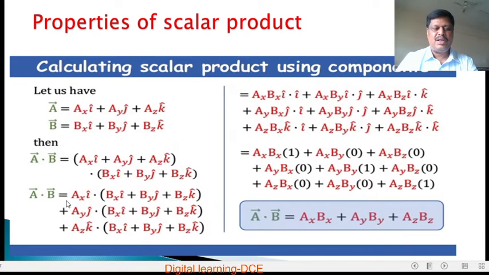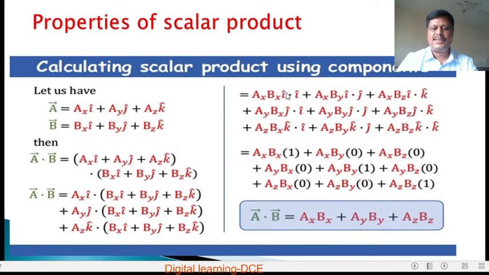If you multiply, we will get here Ax into Bx into i dot i. i dot i is 1. Similarly, i dot j is equal to 0. The angle between i and j is 90 degrees, cos 90 is 0. So the value of Ax By is 0. Similarly, Ax Bz is also 0.